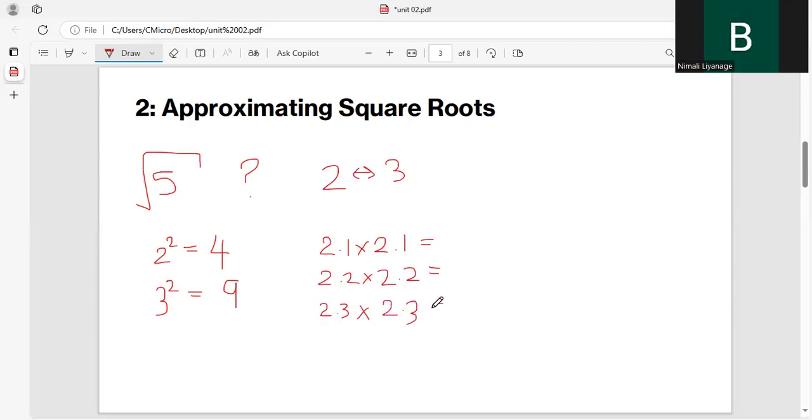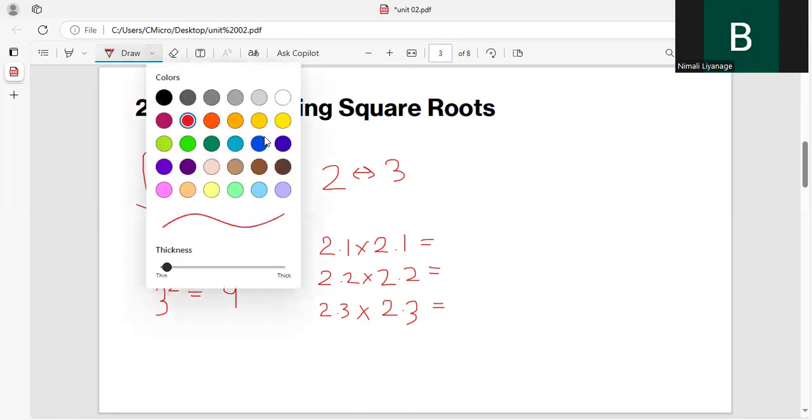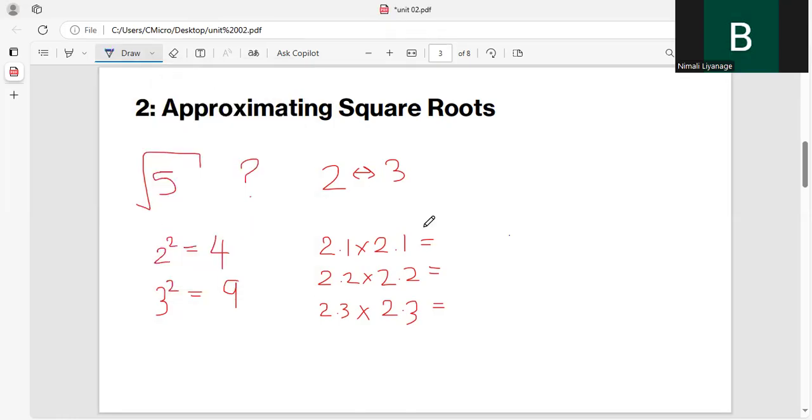So now we consider these answers. So hurry up, find the answers. Yes? Could you find the answers? What is the square of 2.1?